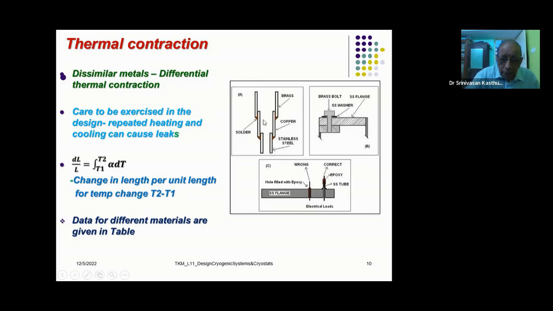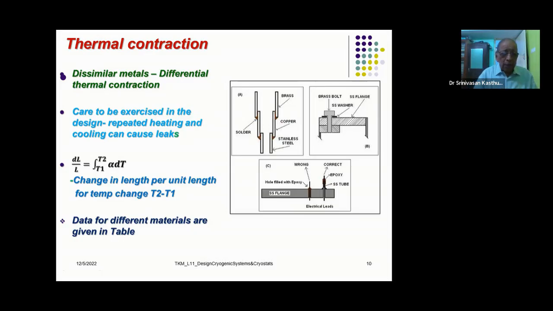Therefore, if we arrange in this order such that the brass has the largest diameter, followed by copper, and then followed by stainless steel, then as this particular joint is cooled, the thermal contraction happens, but the joint becomes stronger. Okay, it will not give way.